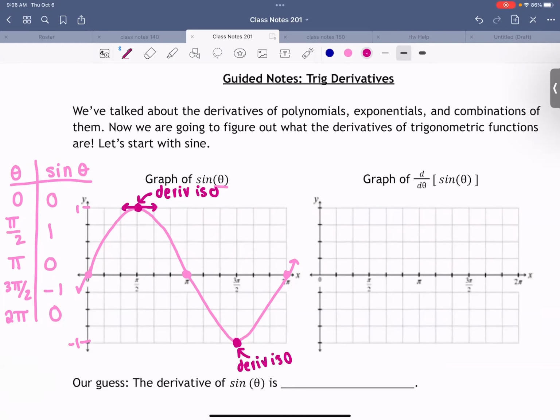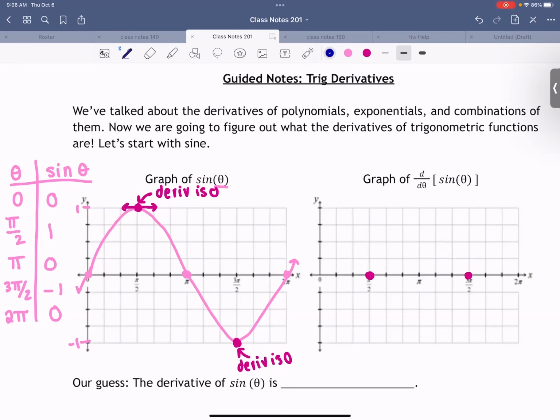Okay. So if I go to my graph of the derivative of sine theta, I know that the derivative at pi over 2 is 0. And I know that the graph of the derivative at 3 pi over 2 is also going to be 0. Okay. Now we also talked about positive, negative, and constant derivatives.